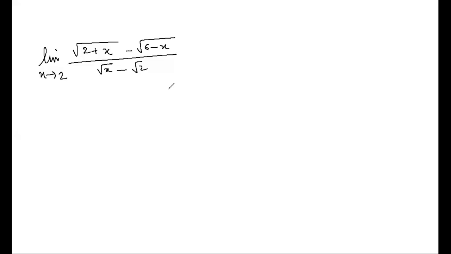Now in this problem, root is there in both places. And what is the common factor? X minus 2. So x minus 2 is not present anywhere, but in both places there is a square root. So you can rationalize both of them. Multiply by the conjugate of this.